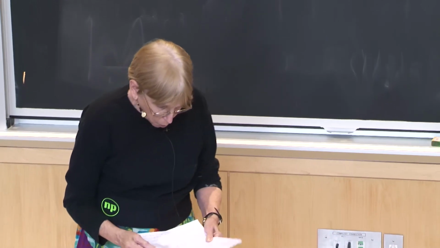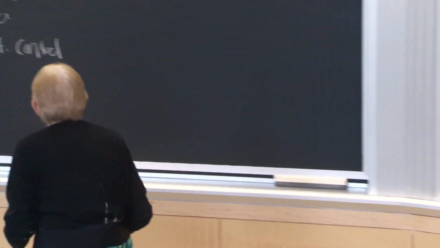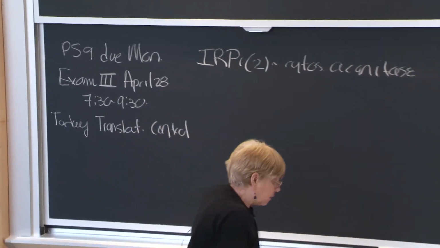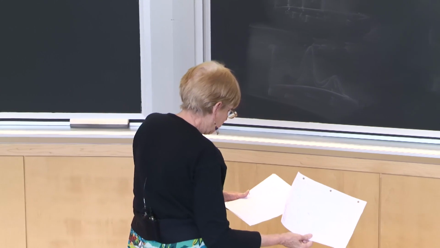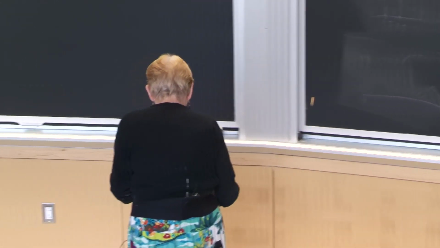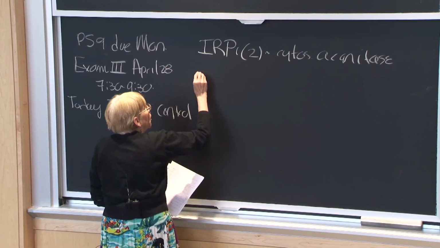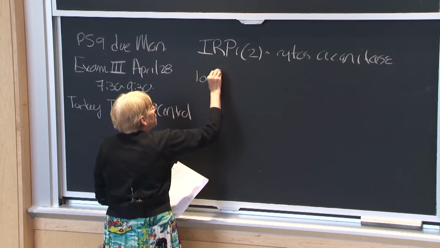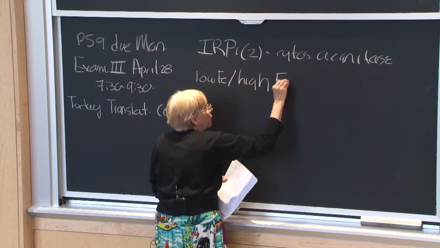Okay, so the question then is, what is the signal? And so we're going to see that the signal is going to be related to, let me just get myself organized here. So the signal, the question is, what's recognized under low iron and high iron conditions? So that's what we'll be talking about.